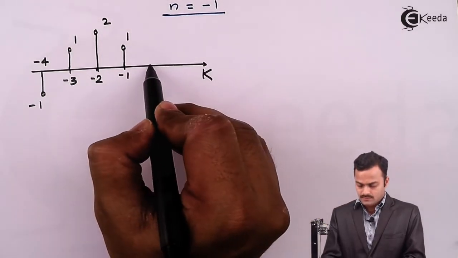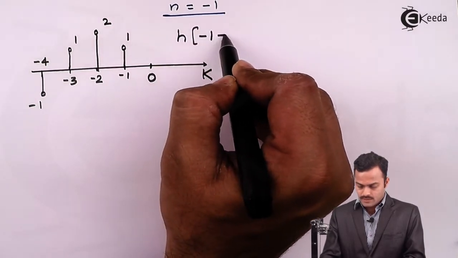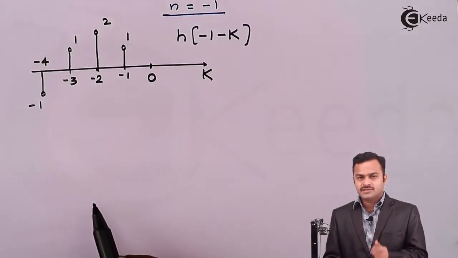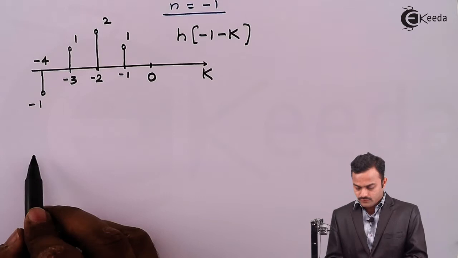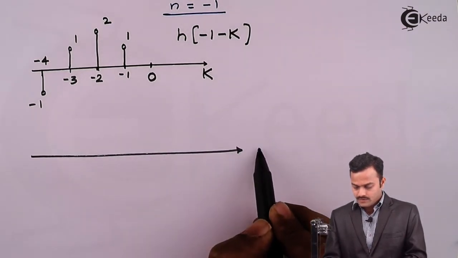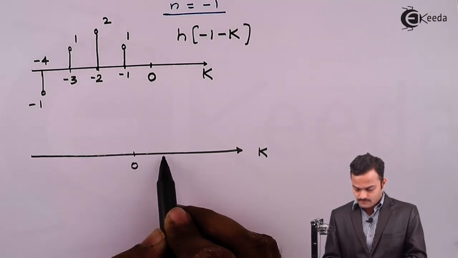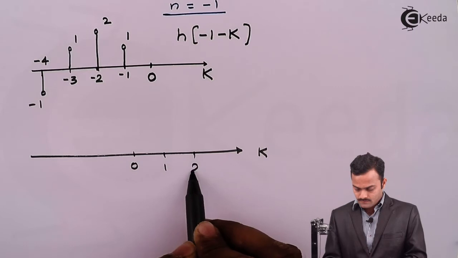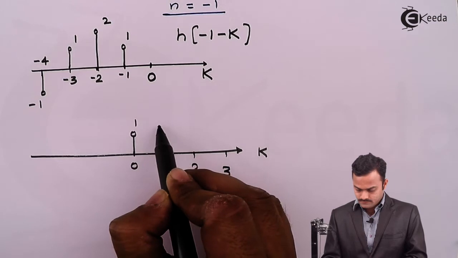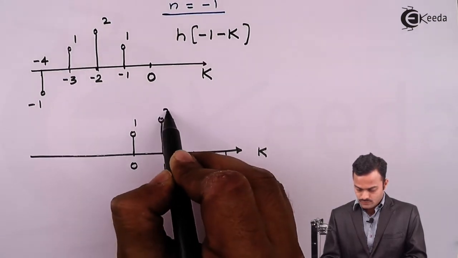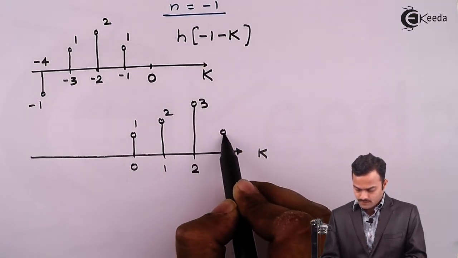So this signal I get, which is h of -1 minus k, for the shift which I have done on the negative side, and this we need to multiply with x of k if there is any overlapping. x of k is like this: here it is 1, then 2, 3, and once again 1.